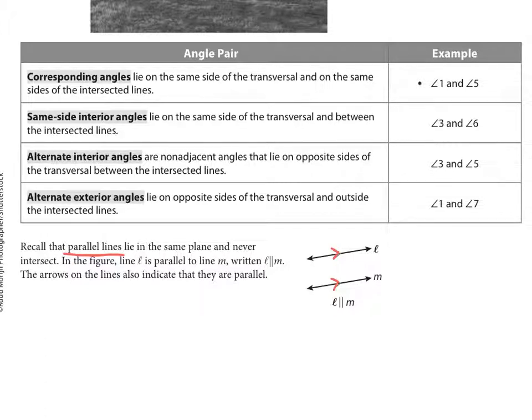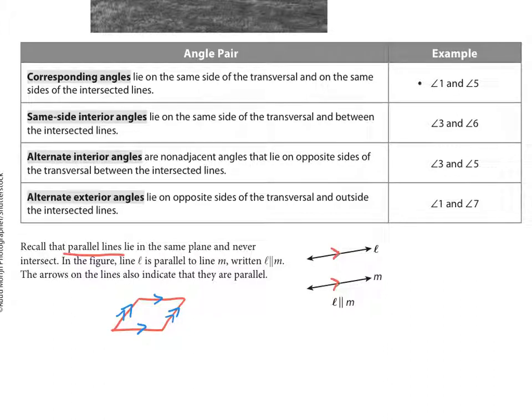If I drew something like a parallelogram, which has two pairs of parallel sides, to show that they're parallel, I would put the arrow on the segment, and then if I have another pair, I would use 2 arrows, just like that. Remember that this notation doesn't mean that the segments are congruent. They're not congruent, they're just parallel when they have those arrows.